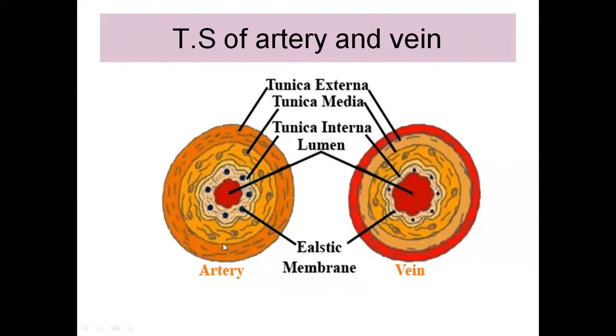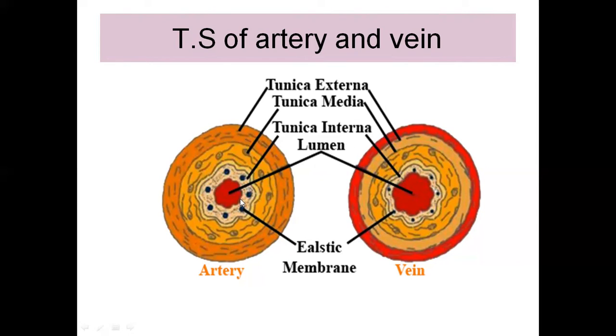Actually, it is the transverse section of an artery and the transverse section of a vein. The artery wall consists of three layers. The outer layer is called tunica externa, the middle layer tunica media, and the inner layer is called tunica intima or interna. Same in the vein: tunica externa, tunica media, and tunica interna.